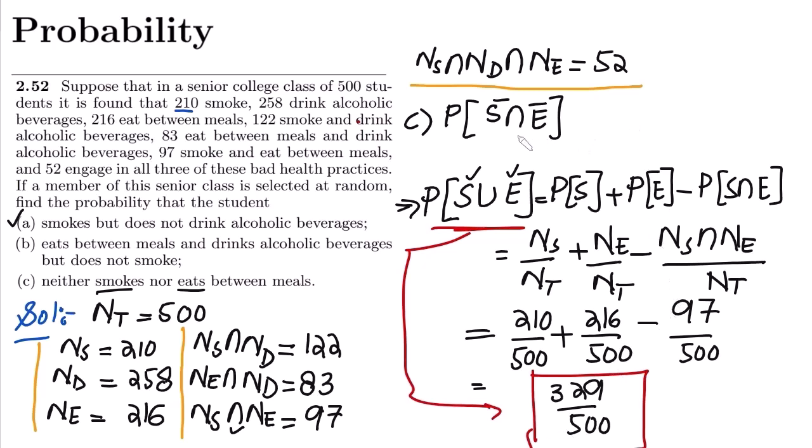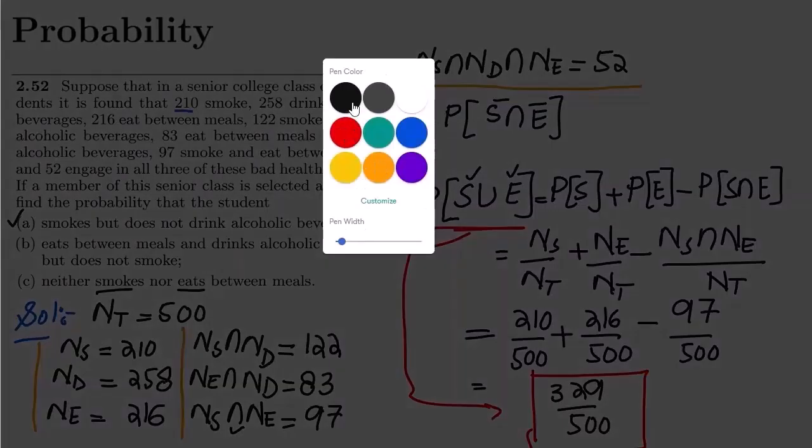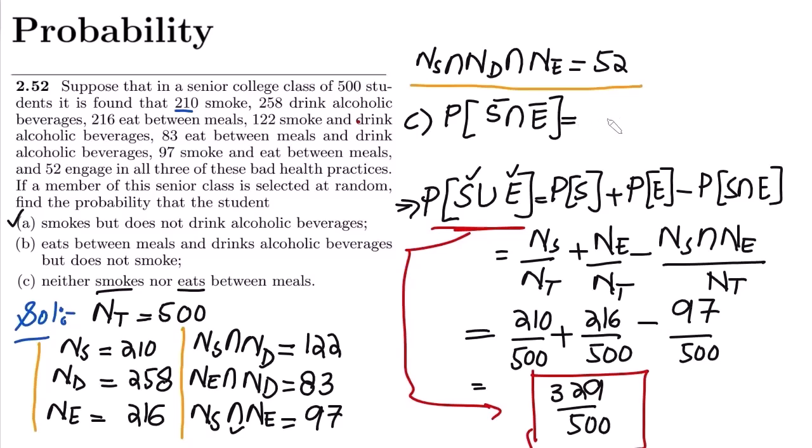Now in order to find the probability of the student who neither smokes nor eats in between meals, what do I have to do?